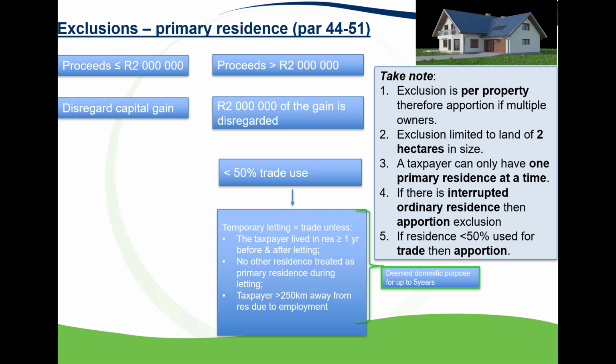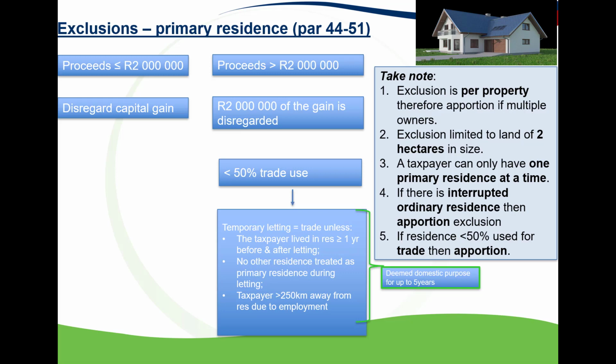So they lived in that property for 5 years before they moved out, and for 7 years after they moved back in, and they had never had another primary residence, and they were more than 250 kilometers away. Right. So they will be deemed to have resided in the property for up to 5 years.